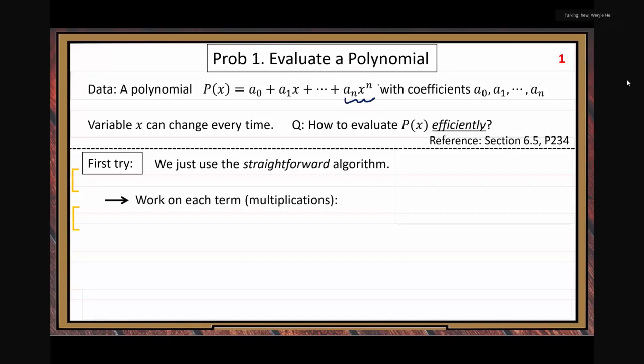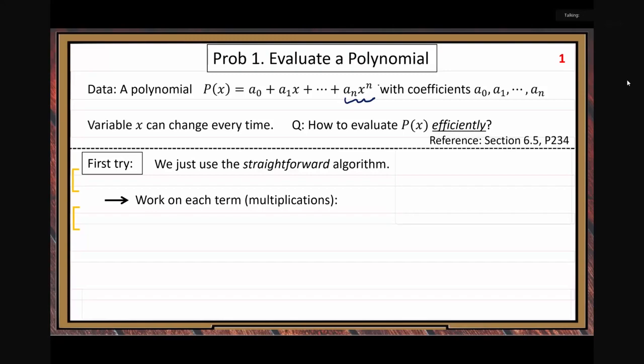But when you do the calculation, do you need to calculate each term? Then you add up all the terms, right? You need to calculate term by term, then add up the results of all the terms.